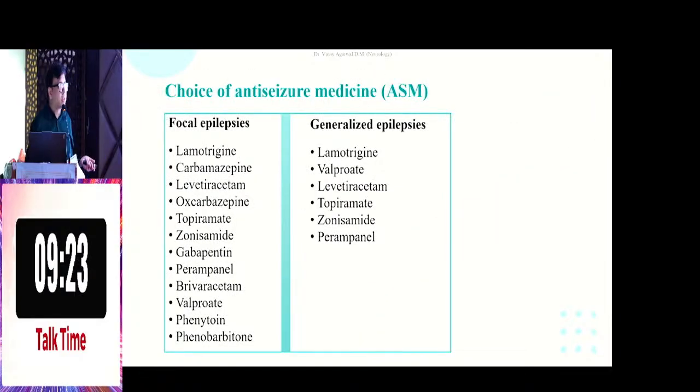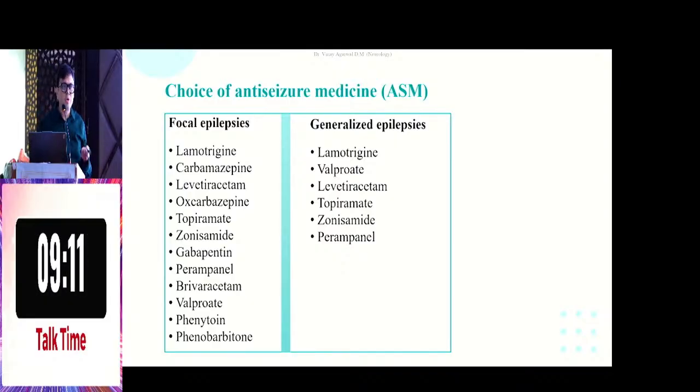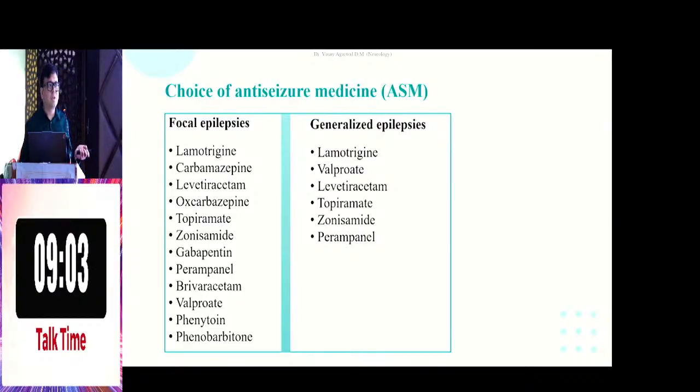Choice of anti-seizure medicine. To everyone's surprise, I think lamotrigine is the first choice in both focal epilepsy as well as generalized epilepsy. But we hardly see any prescription of lamotrigine in India. Even neurologists don't prescribe lamotrigine despite it being the first choice, because lamotrigine has its own problems. It is very slow to titrate.